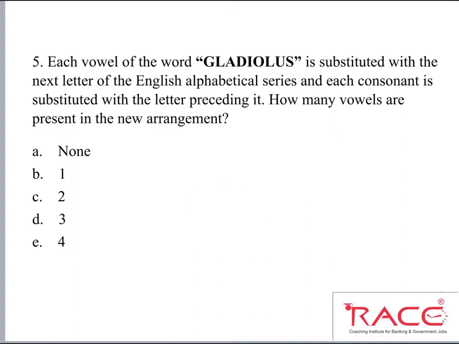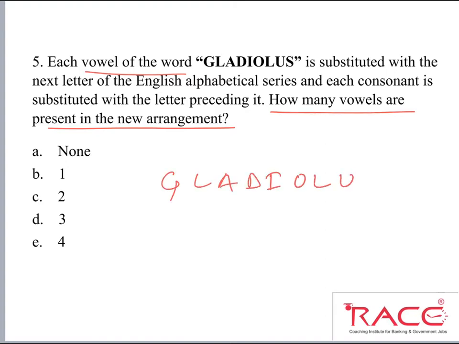After that, they are asking how many vowels are present in the new arrangement. So understand the question. They are asking us to substitute the vowel with the next letter. So when we substitute each vowel of the word GLADIOLUS with the next letter, they won't remain vowels, they become consonants.